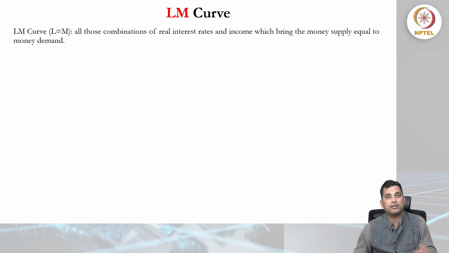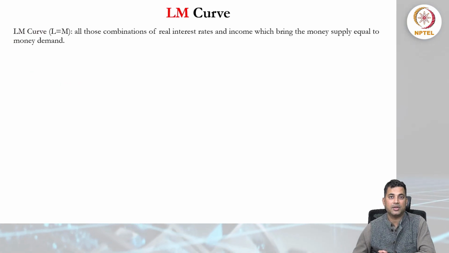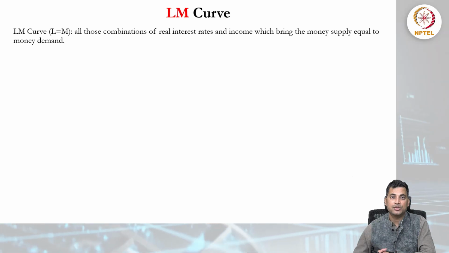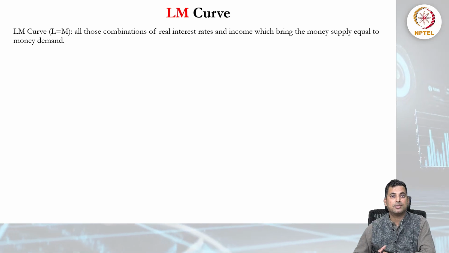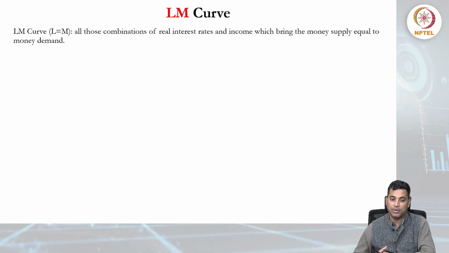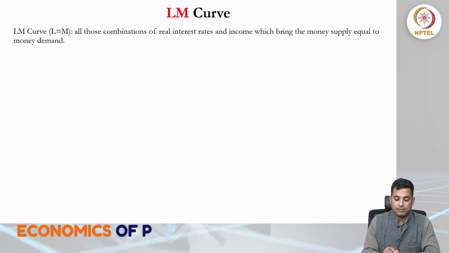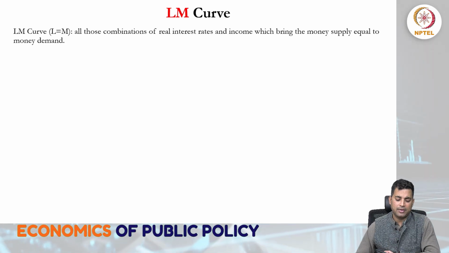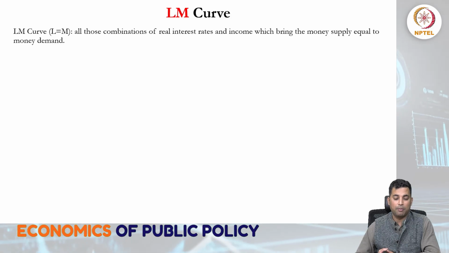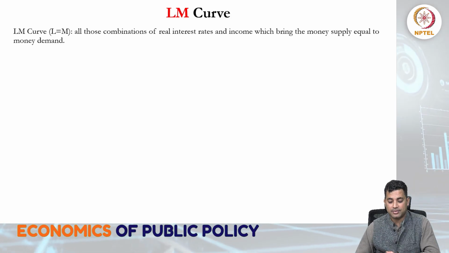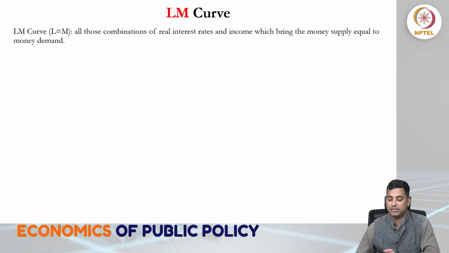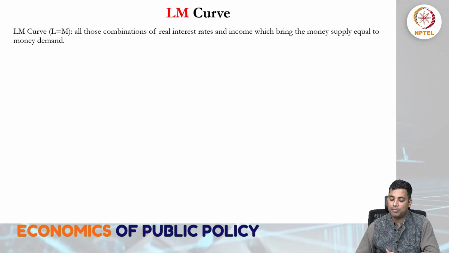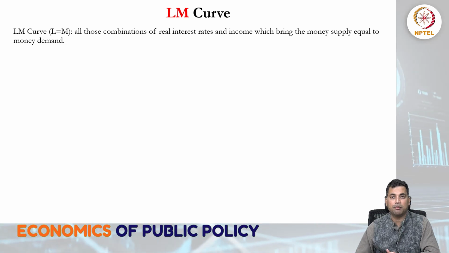So let's move further, just the way we had discussed the IS curve. Now let us understand the LM curve from the LM equations. By definition, the LM curve shows all the combinations of real rate of interest and real income which bring money supply equal to money demand.